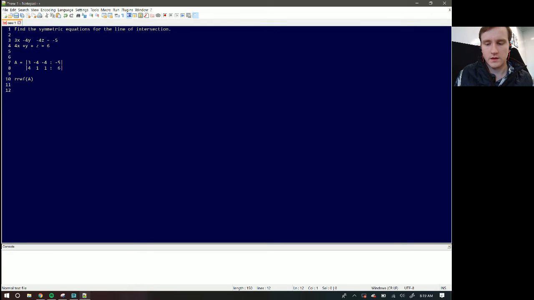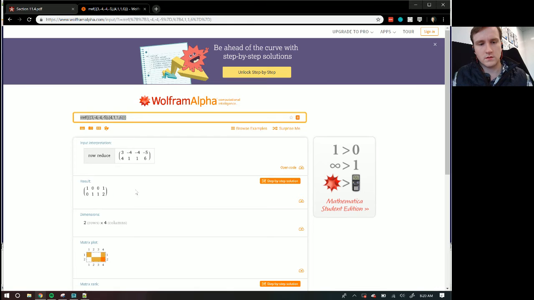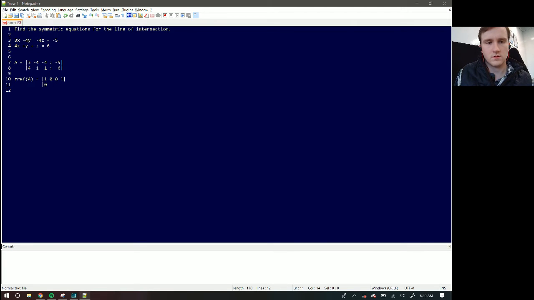So I ended up with the reduced row echelon form equal to 1, 0, 0, 1, 0, 1, 1, 2.